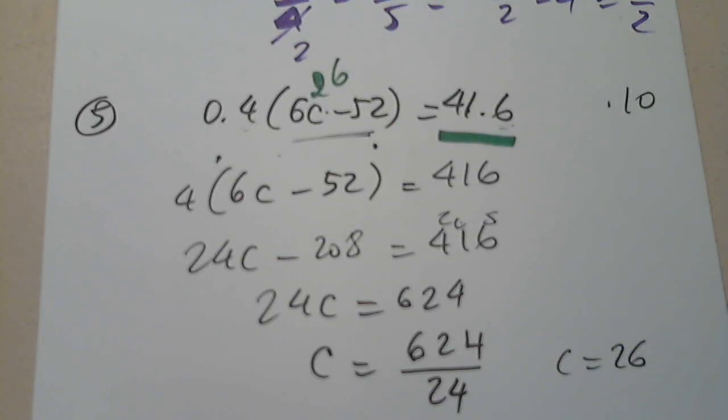So I have a 0.4. And then 6 times 26. And then minus 52. When I click enter, if I don't get 41.6, I will not enter 26. If I get 41.6, I will enter 26 as the answer.